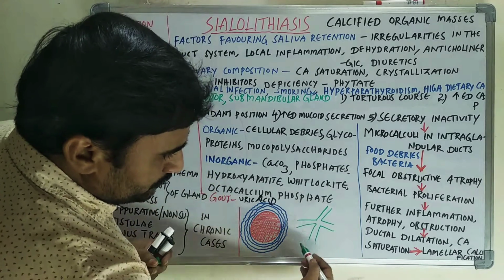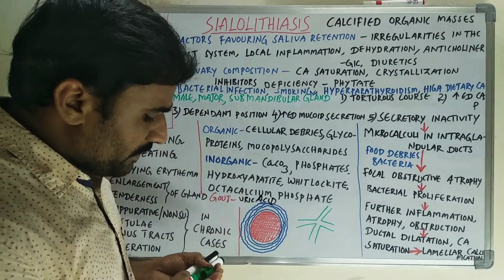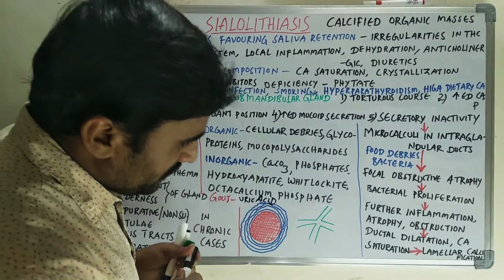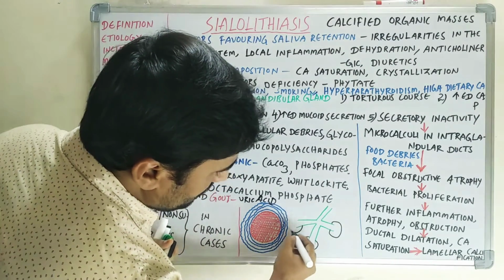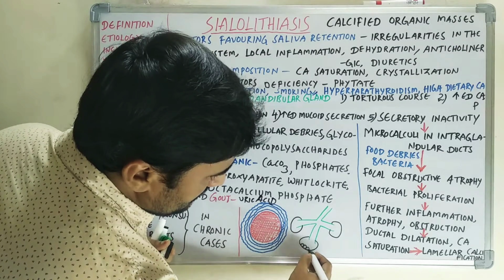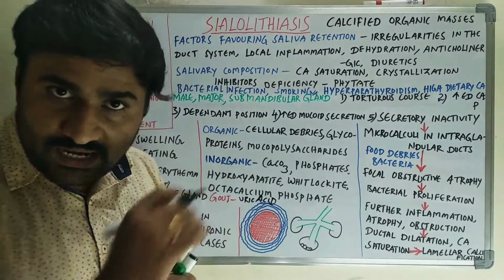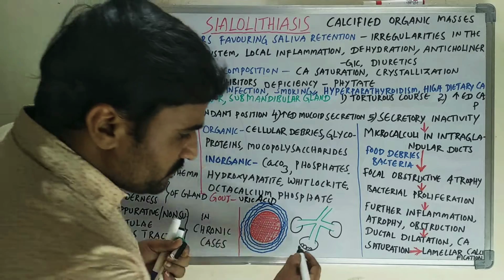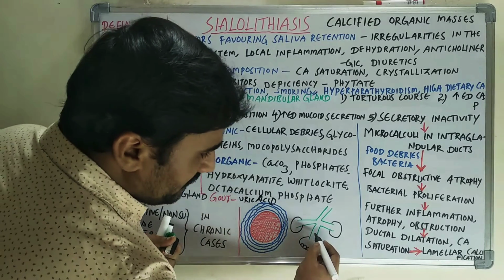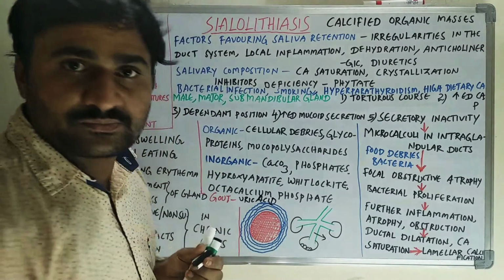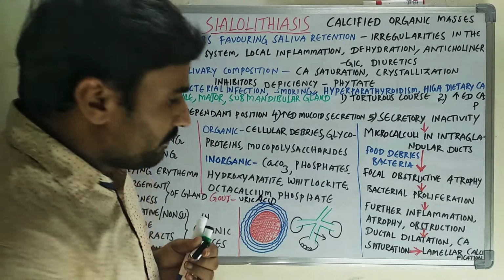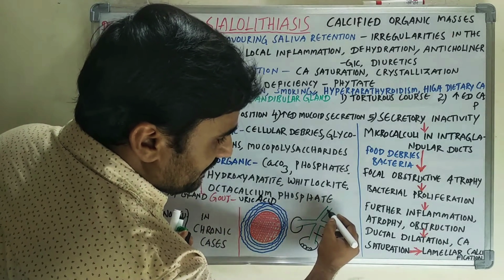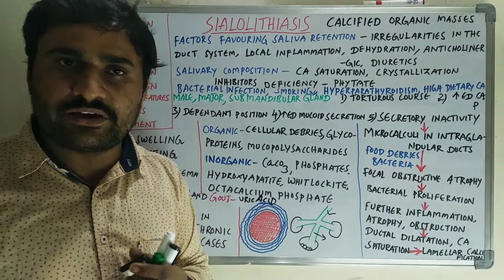So the saliva from the acinar cells, these are connected with the acini, and the cells in the acini produce the saliva. So saliva produced from here will be collected in the intercalated ducts, right? And all the intercalated ducts will release saliva into the excretory duct, the final duct, right?